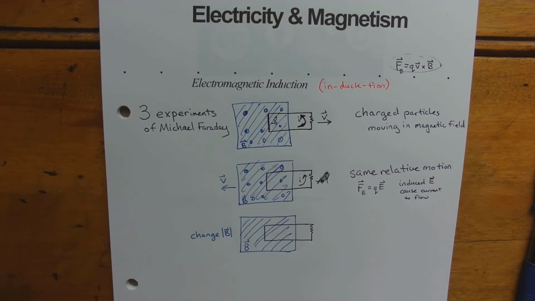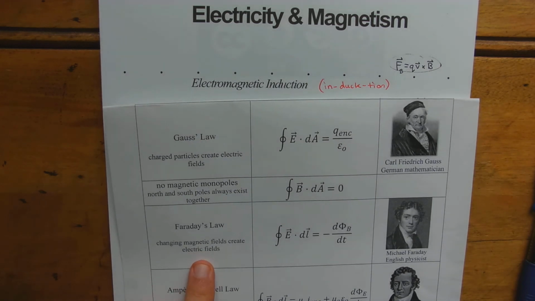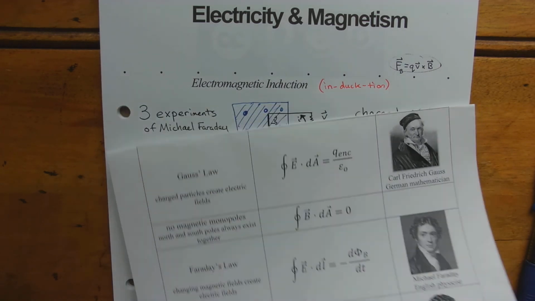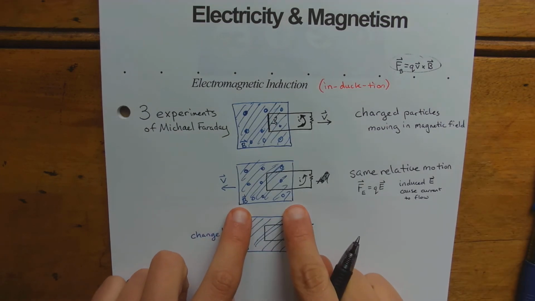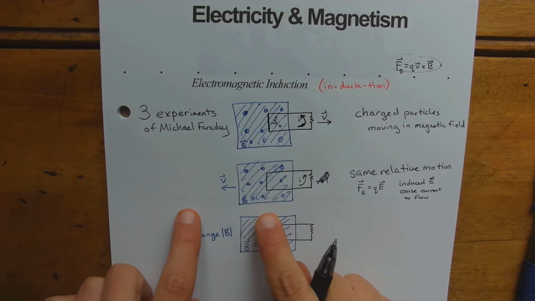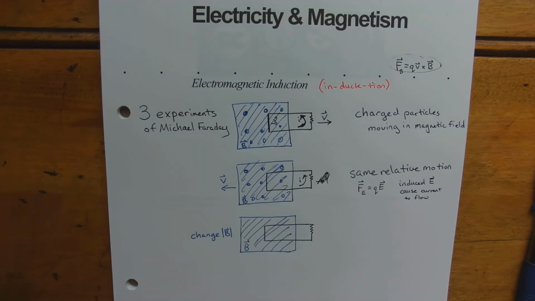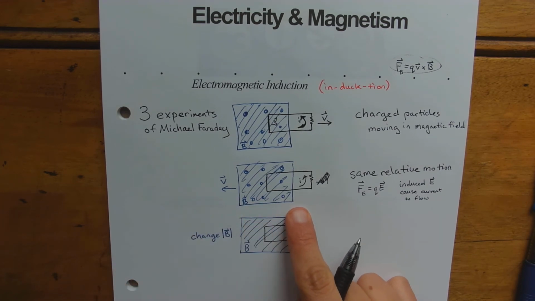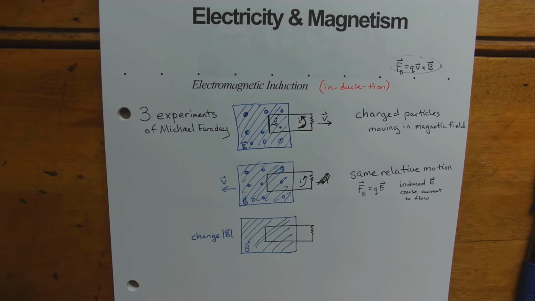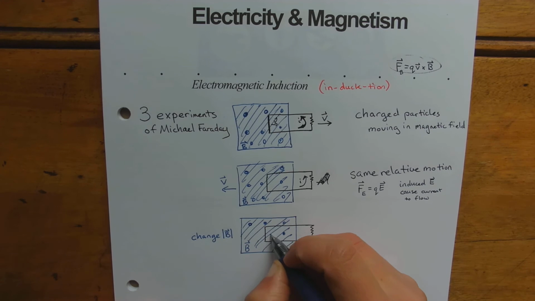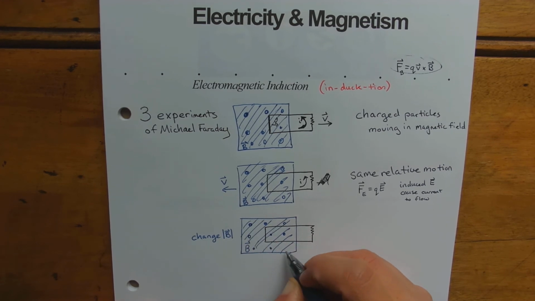And if changing magnetic fields induce electric fields, there are two ways that you can change the magnetic field. You can take the magnetic field and you can move it. So you could pretend that this is the magnetic field that you have between two poles of a magnet. You could move the magnet, kind of like what we had in the force on a conductor lab. Or this doesn't really work with a magnet, but it would work if your magnetic field was created by current flowing.